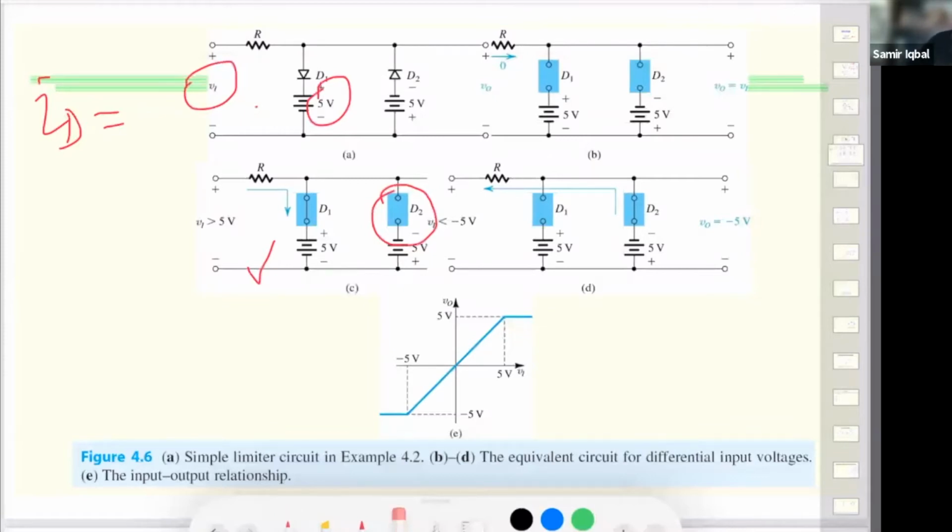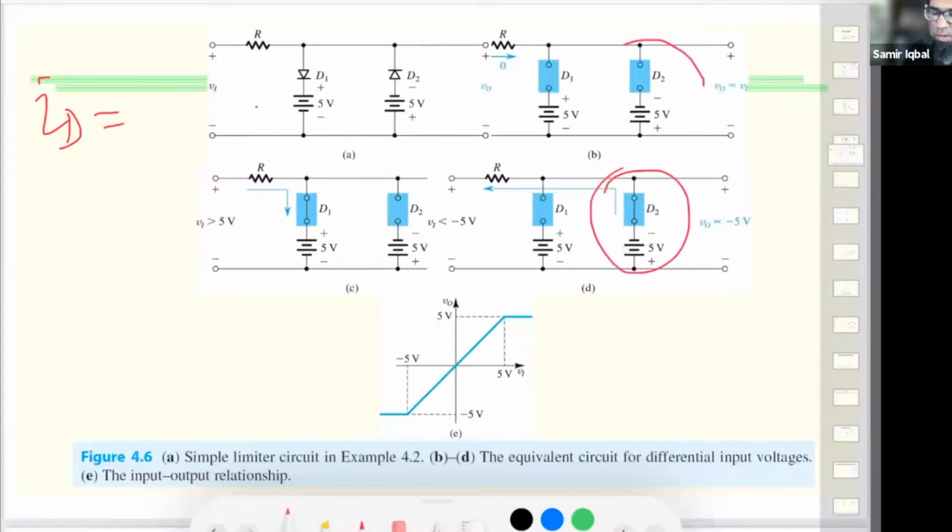Now, when VI is smaller than the power supply, then we have this, where D2 is short circuit and D1 is open circuit. But when both voltages are equal, there's no current flowing. That would be the case for this one, where there will be no current flowing.